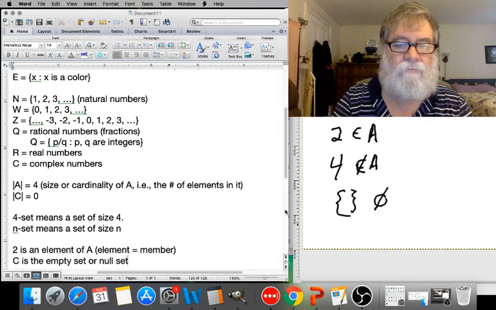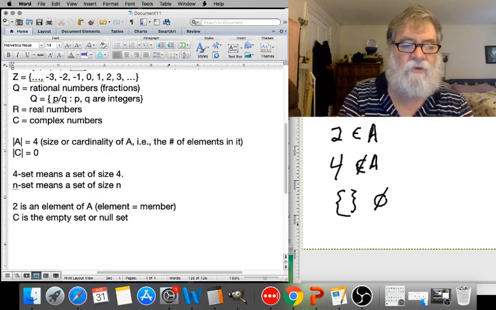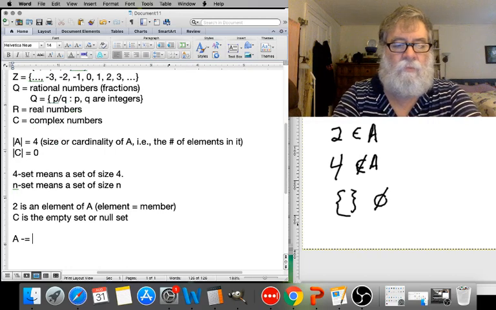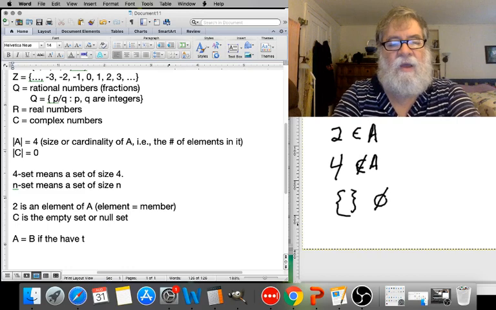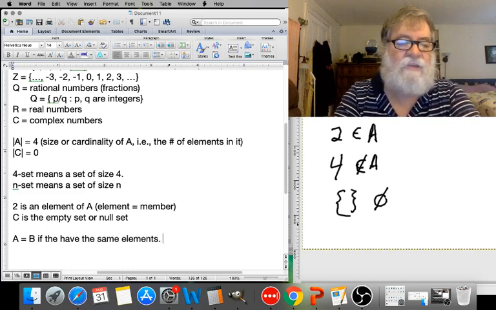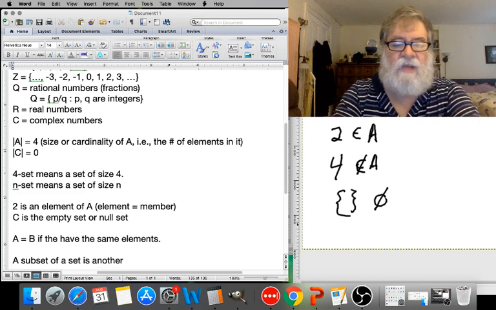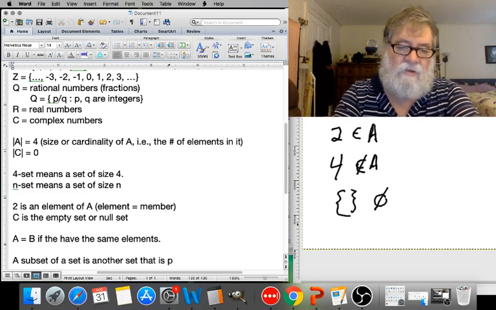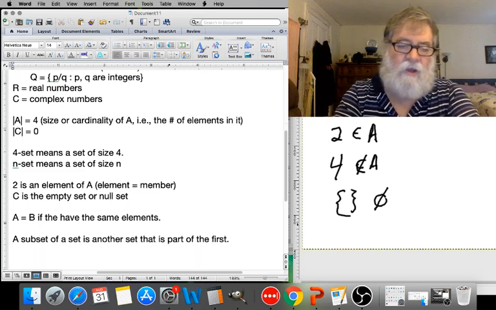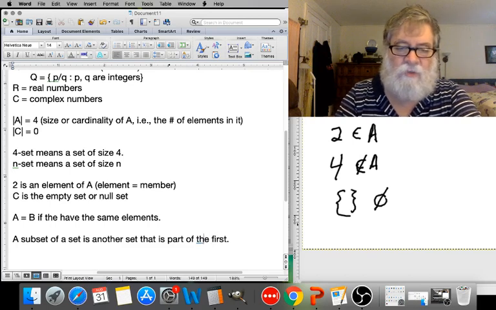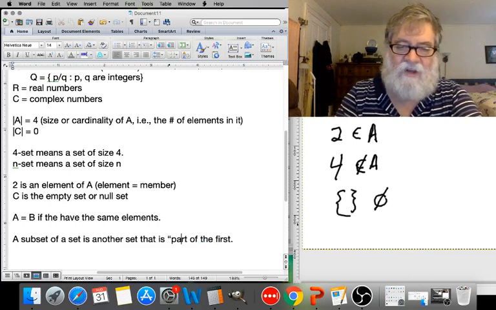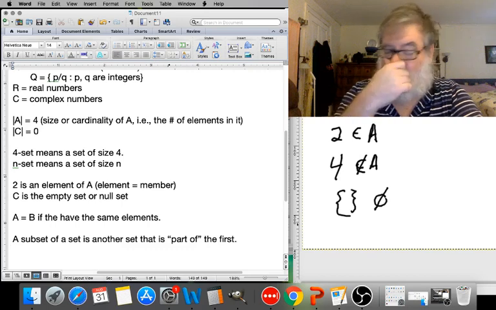Okay, let's see what else. 2 sets are equal if they have exactly the same elements. A subset of a set is another set that is part of the first. Specifically, that should go in quotes because it's not well defined at all. We're going to define it. But the idea is pretty straightforward.